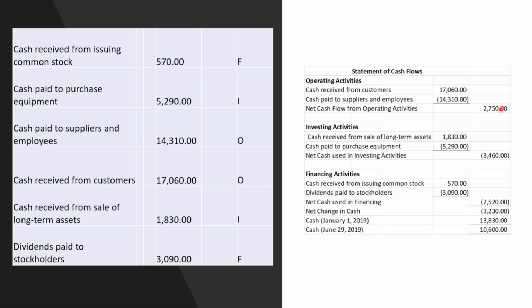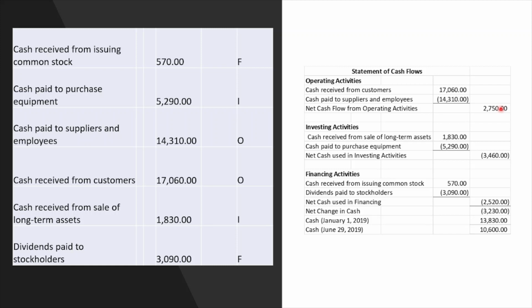Financing activities, the F's that I have there, cash received from issuing common stock, and then dividends paid to shareholders. Take note that when you have an inflow of cash, that is positive. And when you have an outflow of cash, it is leaving the business, you're paying out. That's a negative.